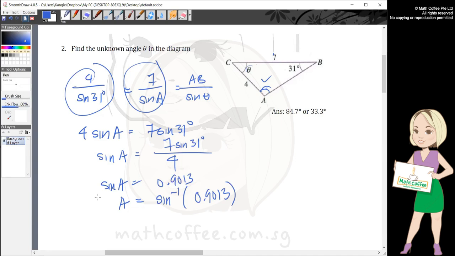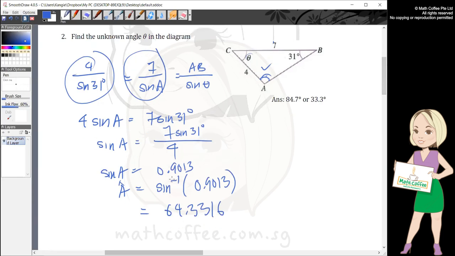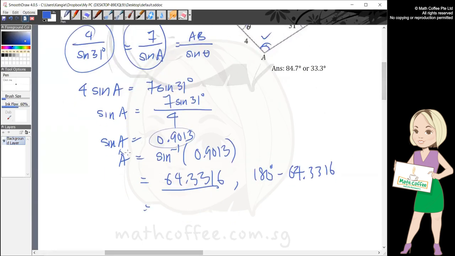Now let's take sine inverse. So in the end, my angle A equals 64.3316. But remember, I say that when you do sine inverse of a positive value, you actually have two angles. One is this, the other one is 180 minus 64.3316. So my angle A has two possible answers.